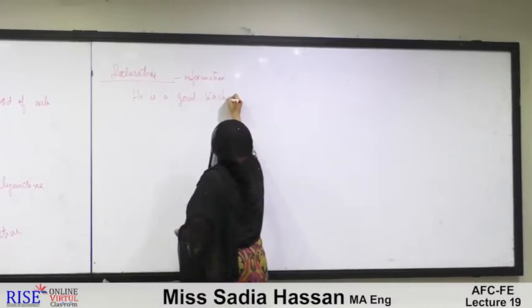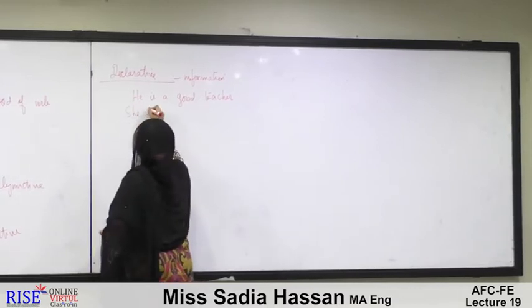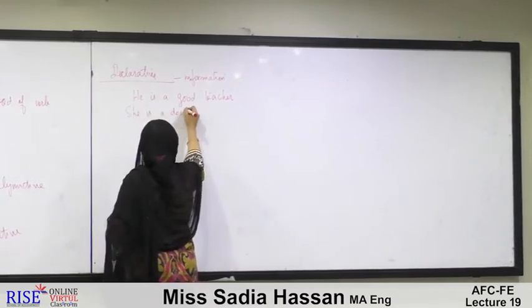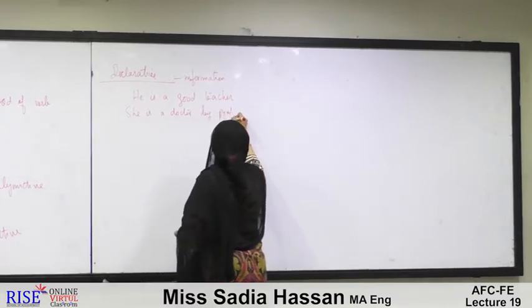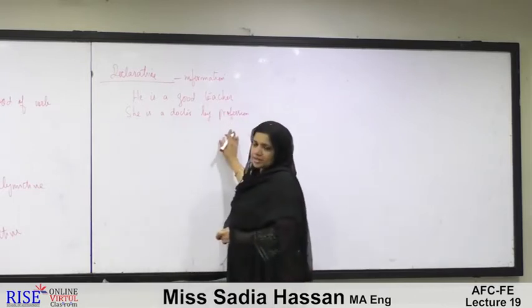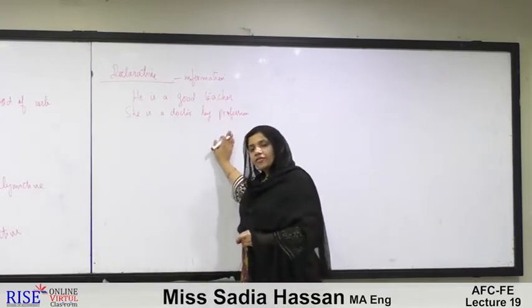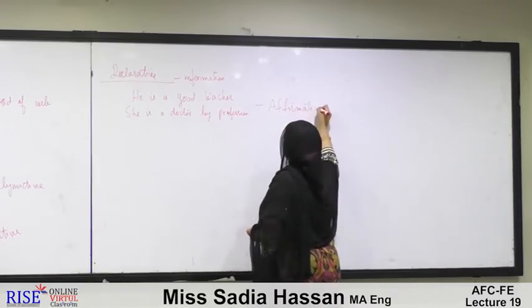If we see how declarative sentences are constructed: he is a good teacher. This is information. She is a doctor by profession. These are different pieces of information. That might be positive, which is called affirmative, and that might include negative sentences as well.